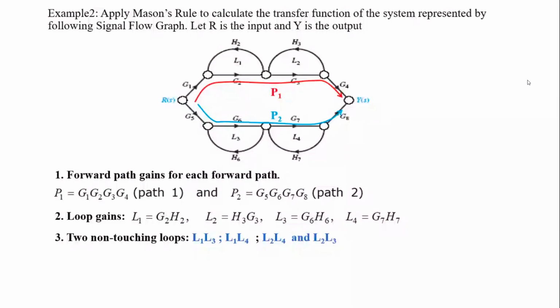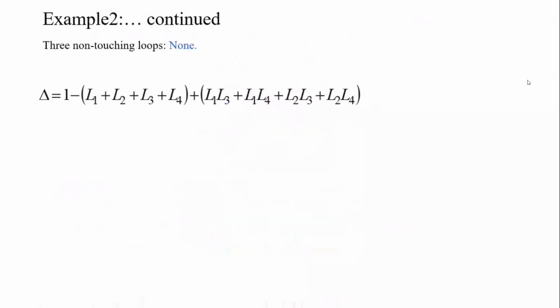These are the sums of all the loop gains. If there are 3 non-touching loops, then you have to write minus the loop gain of the 3 non-touching loops, and so on.